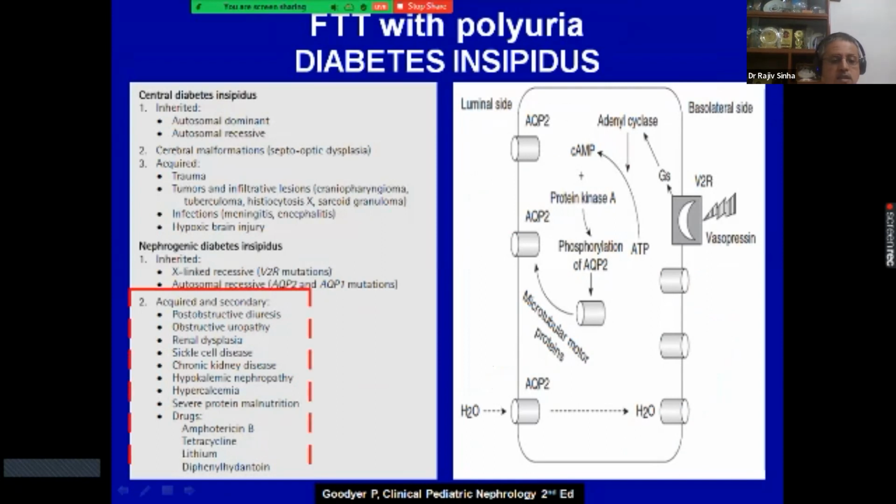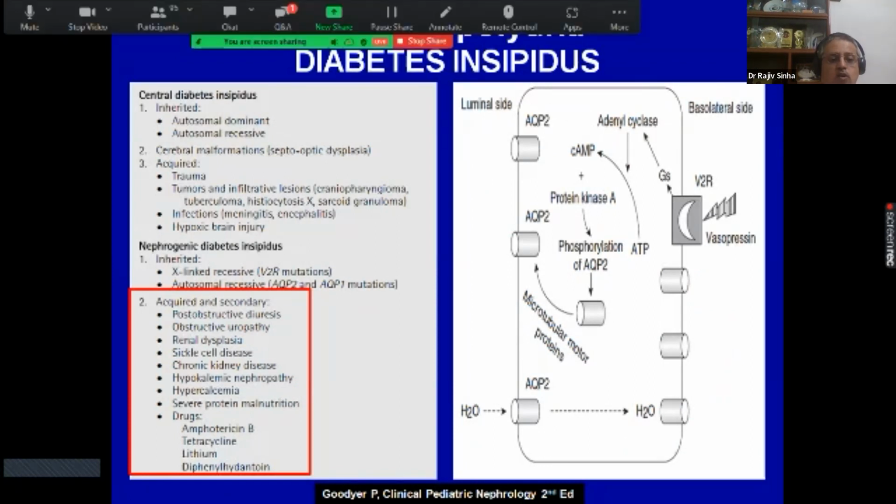But then, as described by our previous speaker, you have to remember that sometimes nephrogenic diabetes insipidus can also result from other diseases.